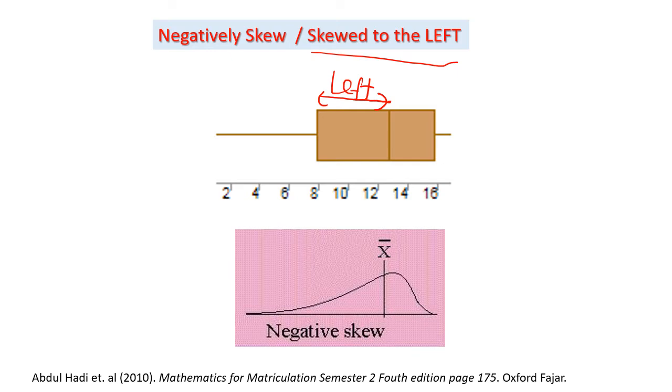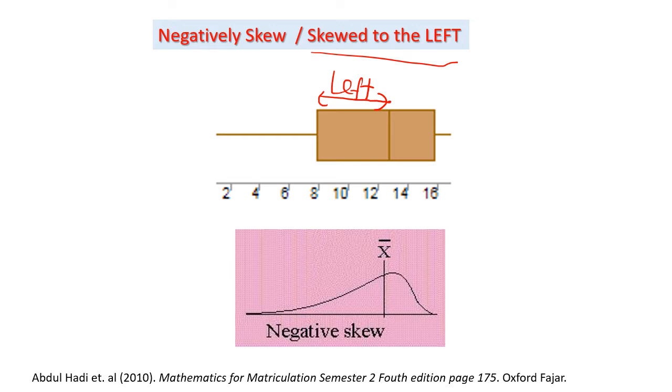Okay, later on, when we discuss the Pearson coefficient of skewness, there will be a better value, whether it is slightly skewed, moderately skewed, or highly skewed. But using the box and whisker, we just get a rough overview. So we just stick to, in general, skewed to the left or skewed to the right. No need to mention the degree of the skewness.